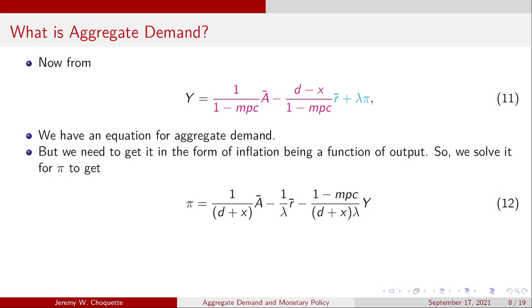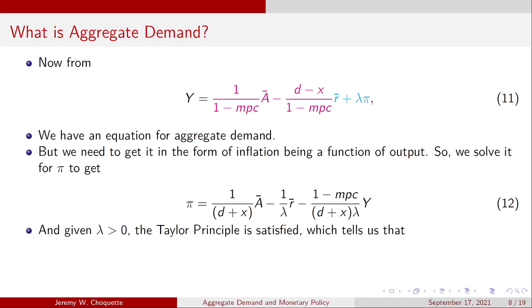The two variables we're concerned with here are pi and y. Anything that's not pi or y is exogenous. It's constant in the model. So if you think like y equals mx plus b, anything times x is going to be affecting the x, but that b is just a constant. So I can regroup all of this together, and I'm going to get something kind of like y equals mx plus b.